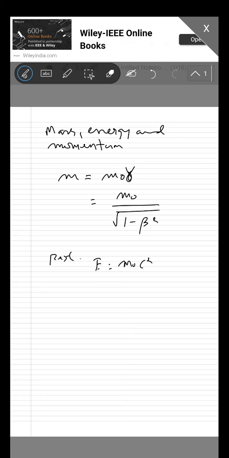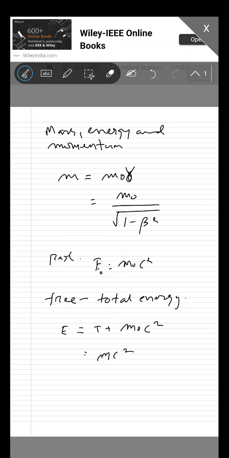So if we consider it as E0, and if there is a free particle and we want to find out the total energy of that free particle, it will be the rest mass energy added to the kinetic energy. So we write E is equal to T plus m0 c square, and we know that the mass has now changed to m c square in the moving frame of reference.